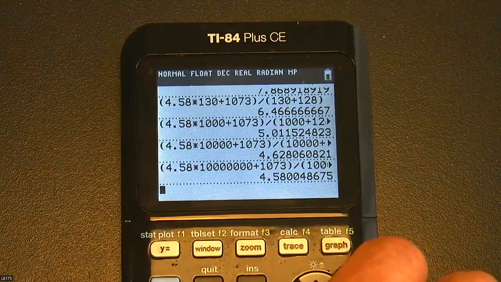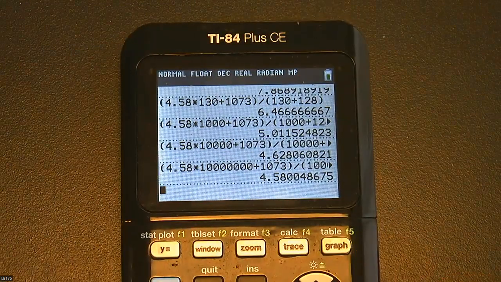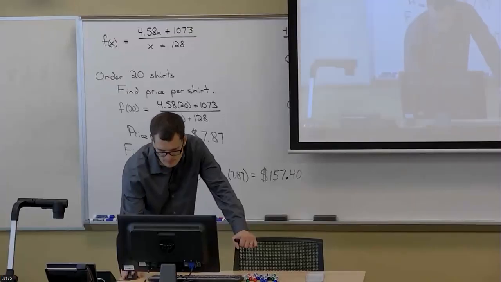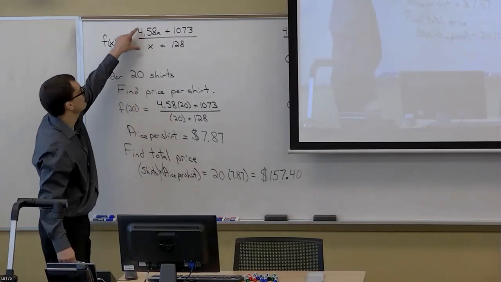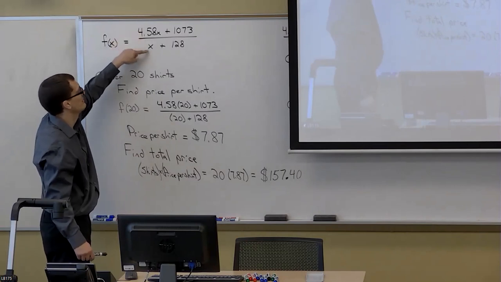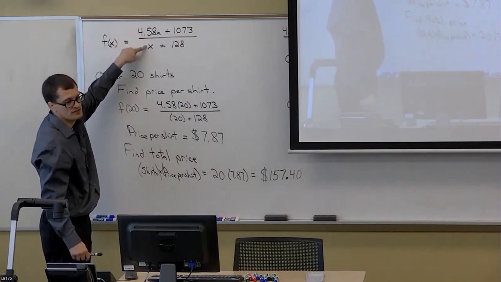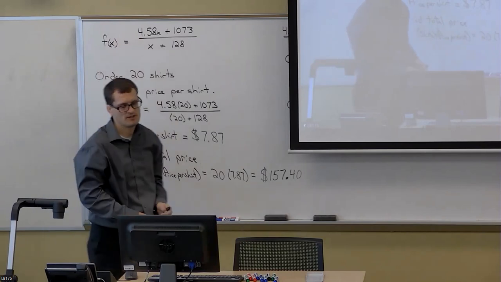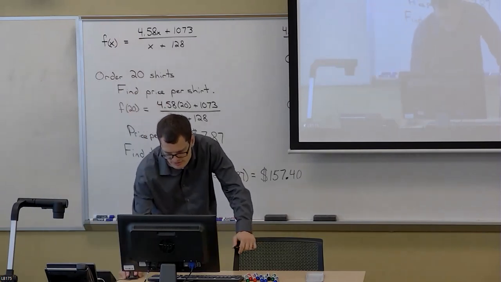That's what happens if you order 10 million. Notice that the price is exactly 458 if you order 10 million. So the more and more you order, the closer and closer you're getting to 458. That's the point. Which just happens to be this coefficient divided by the 1 coefficient. Interestingly enough.